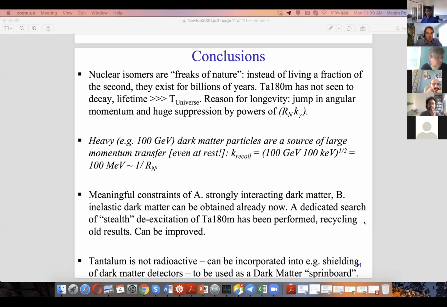So if you had fast neutrons, would fast neutrons also cause the same transition? That is correct. That is correct. So the fast neutrons can be used to de-excite this nucleus, 180m in particular. I think at some point people wanted to have this as an on-demand storage of energy.